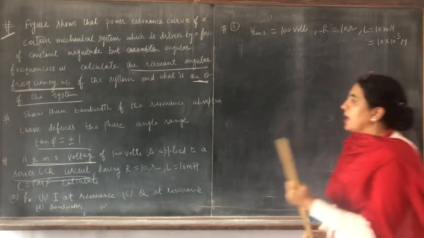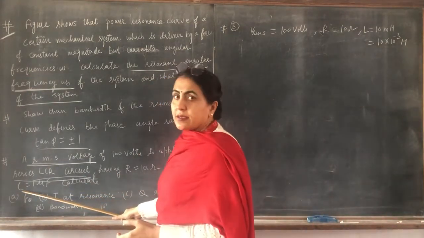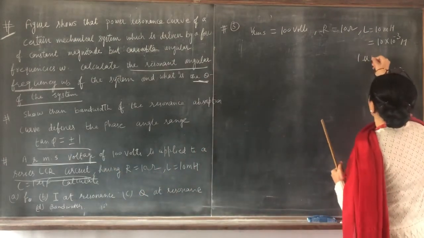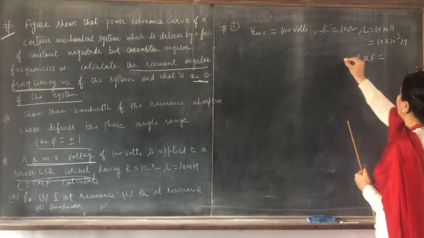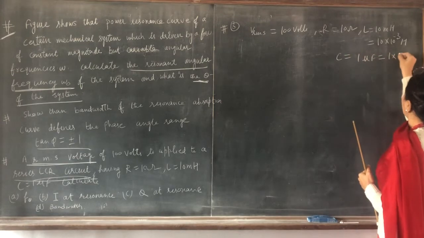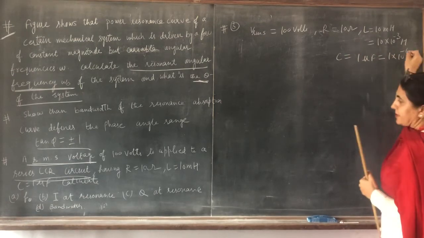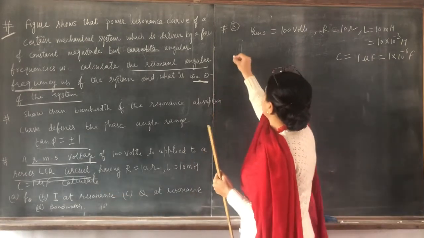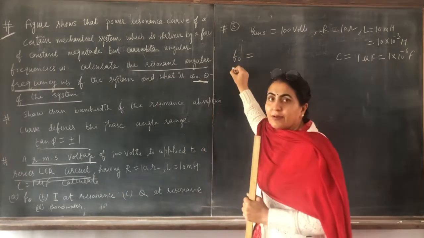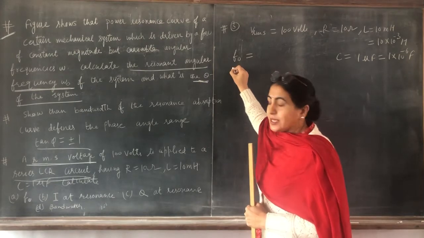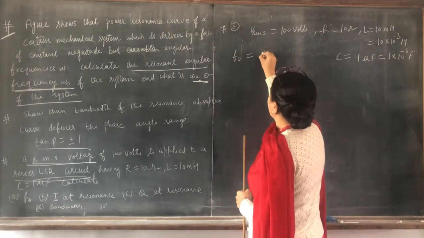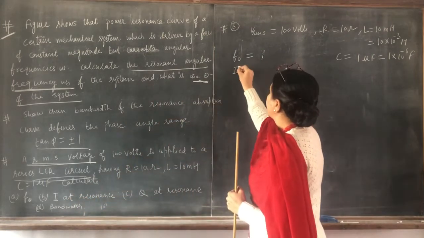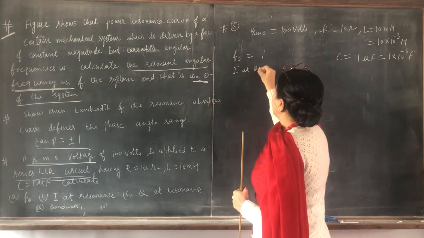And C is equal to 1 microfarad. Convert it into farads: 1 into 10 raised to power minus 6 farads. What do we have to calculate? First, F naught, the resonant frequency. Then the current I at resonance.